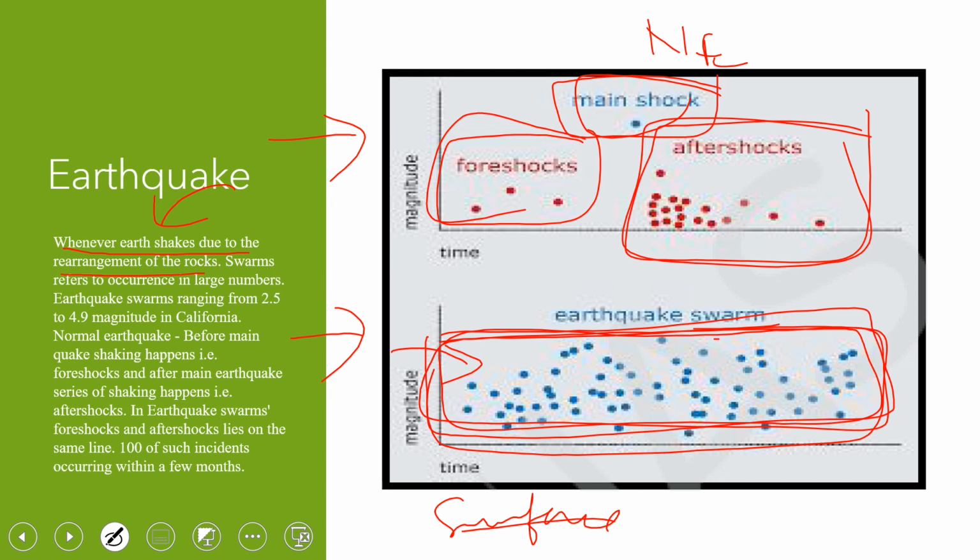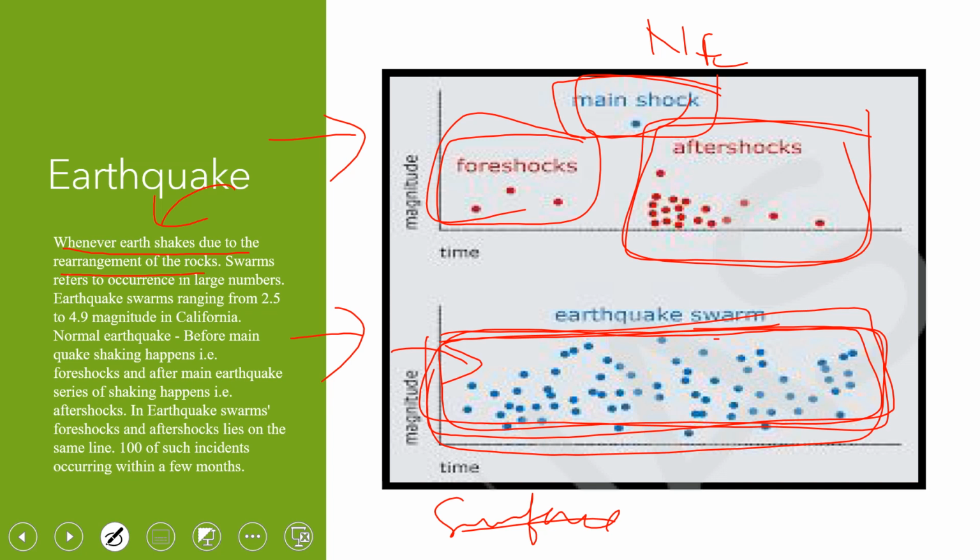To topple buildings, we need a higher magnitude earthquake. If it is greater than 5.5 or 6, then we can observe the destruction of life and property.